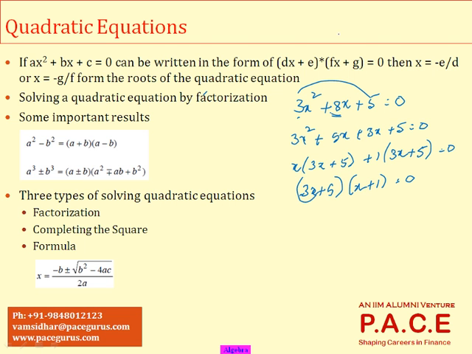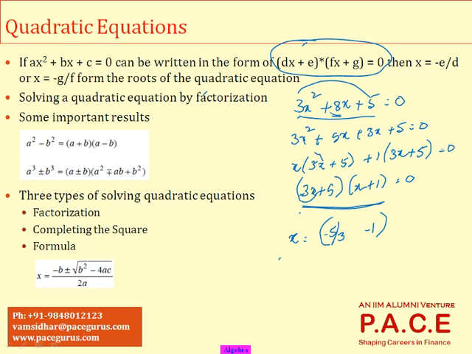Now this is the form I was describing. I'm able to write that entire ax squared plus bx plus c in this particular form. So x I can write as minus 5 by 3 or minus 1. These are the two possible values, which means wherever x is there in this expression, if you substitute x equal to minus 5 by 3, you will get 0.